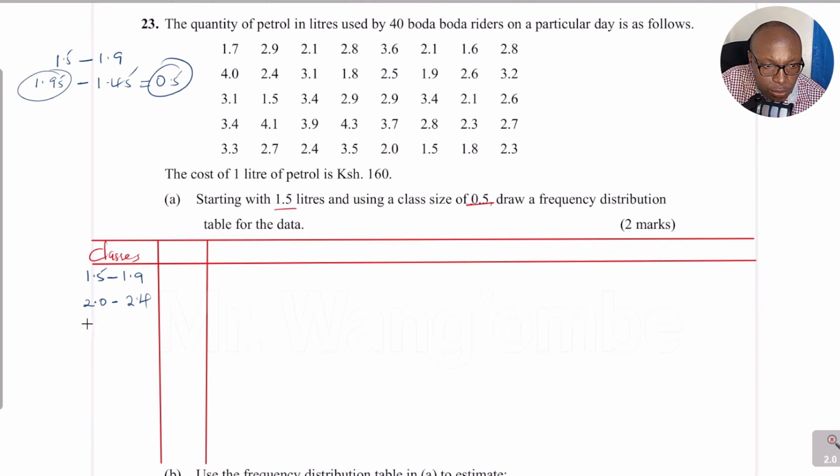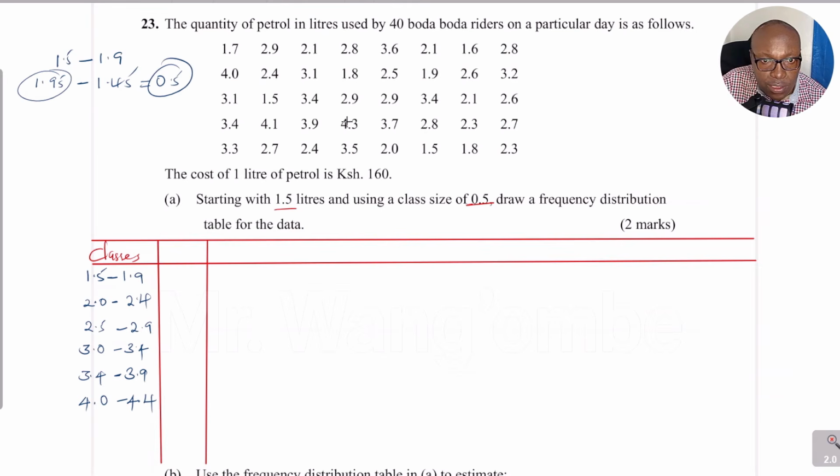Then the next will be 2.5 to 2.9. Then the next is 3.0 to 3.4. Then 3.5 to 3.9, and then 4.0 to 4.4. Now that is all. Those are the classes that you're supposed to have.